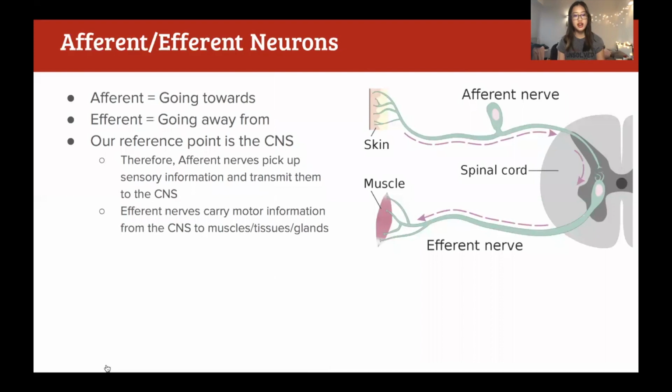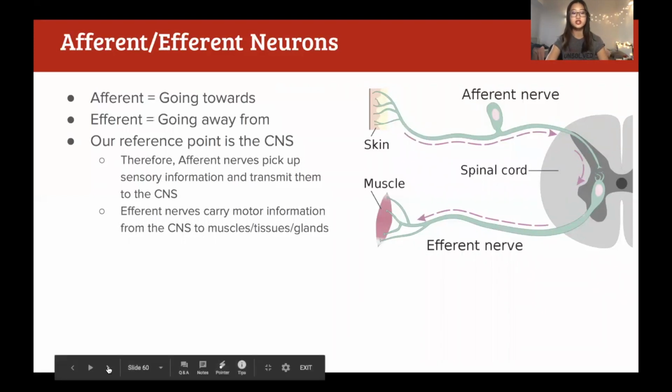Once again, afferent and efferent neurons only speak to the directionality of the neuron. They don't say what specific type of stimulus they convey, only that afferent neurons convey sensory information, and efferent neurons convey motor information. That's all we know, and that's all you guys need to know.